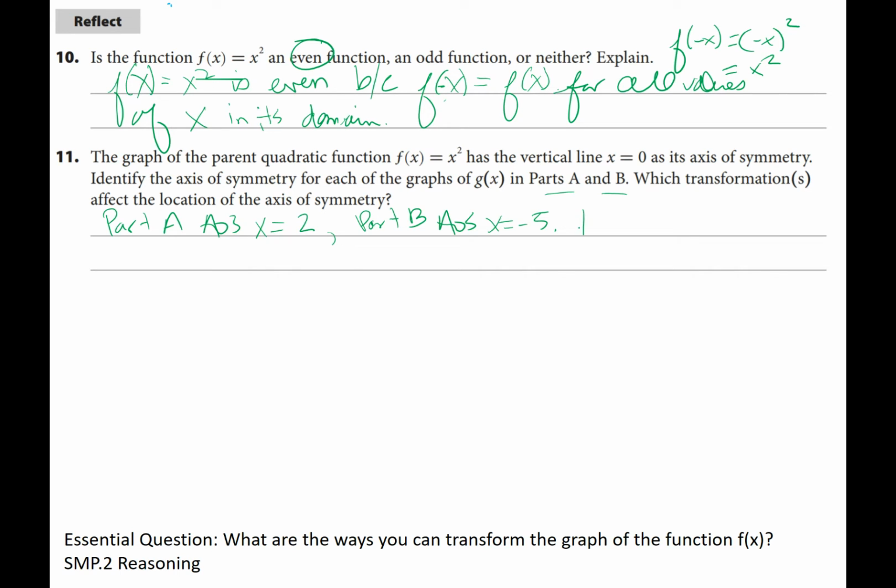And you could say a horizontal translation affects the location of the axis of symmetry. It's the location of the axis of symmetry.